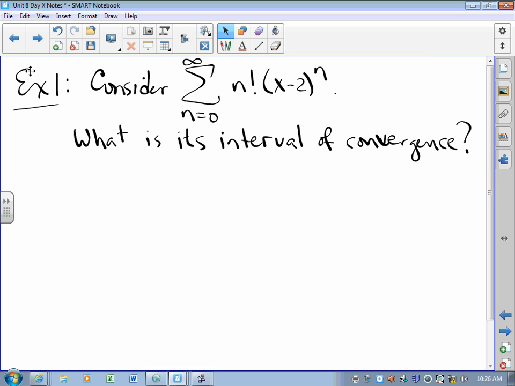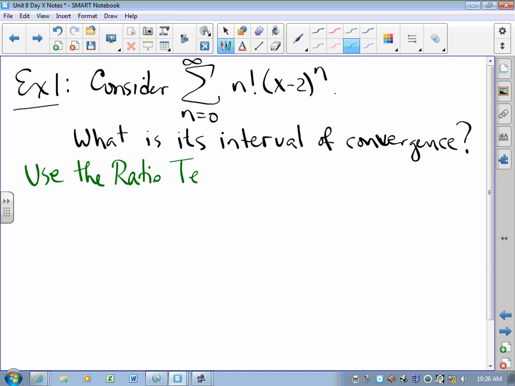Whenever you're asked for an interval of convergence and you don't recognize the series as geometric, you want to recognize it as something that is as close to geometric as possible, and the way to do that is through the ratio test.